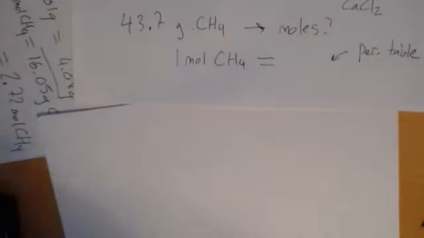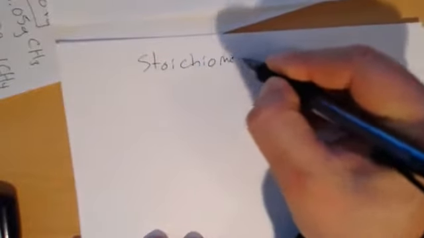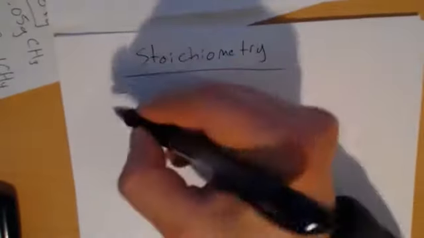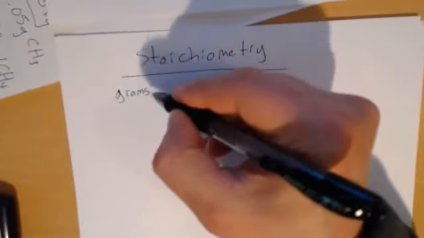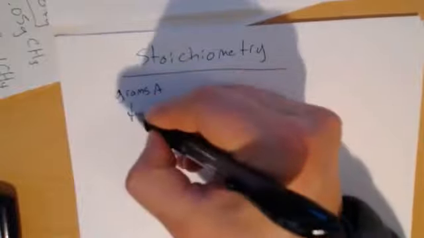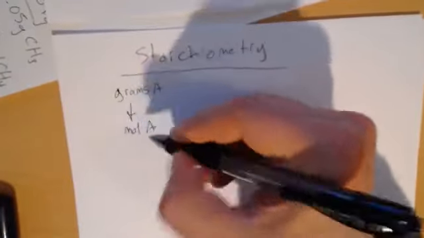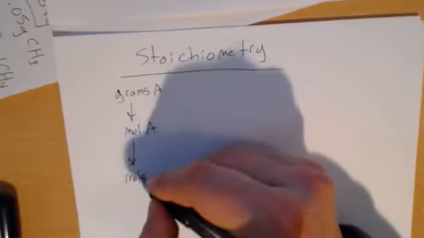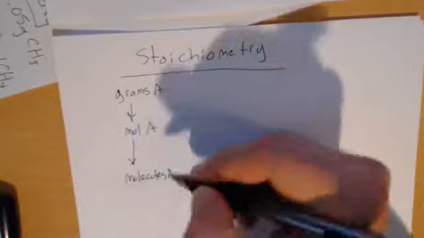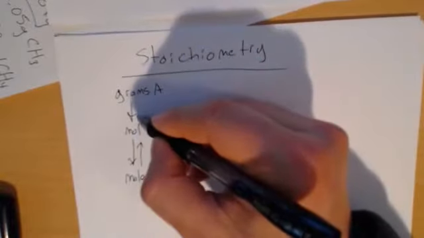This section shouldn't take too long anyways, but we want to talk about stoichiometry. For this, if we look at the thing we had before, we can go from grams of A to moles of A to molecules of A, or particles again, or back.